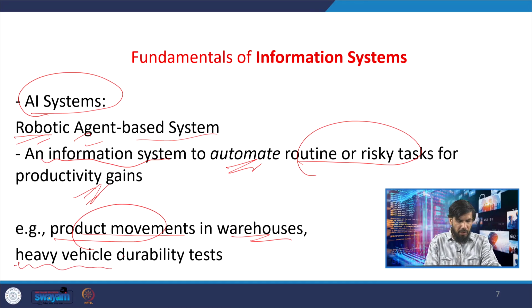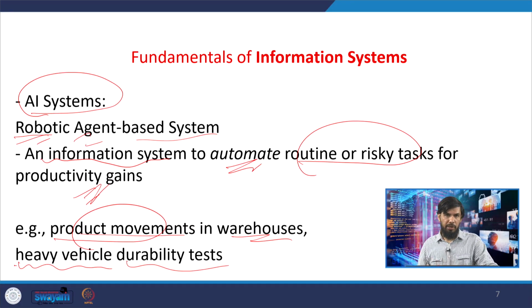Then heavy vehicle durability tests. Heavy vehicles are supposed to be durable; that is the main selling point for them. So robotic agents could be used to do these durability tests much more quickly than a human driver doing it, right. A robotic agent doing it would be much faster and maybe tougher durability tests can be performed.